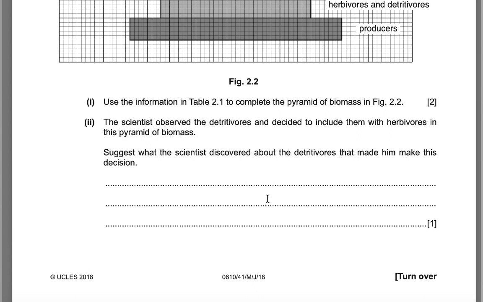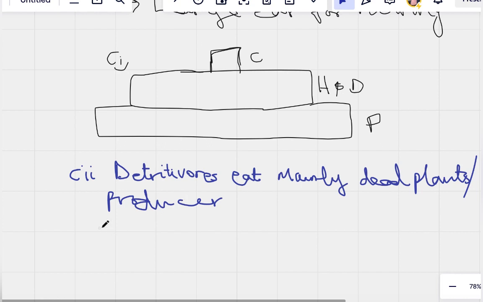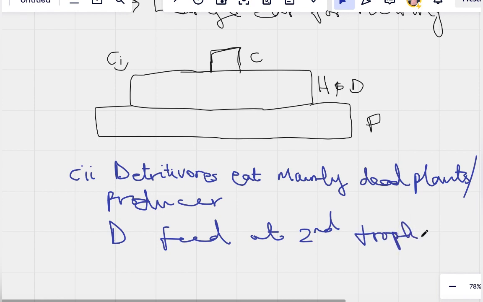They feed at the second trophic level as the primary consumers. See, another point. I'll just write: the detritivores feed at the second trophic level.